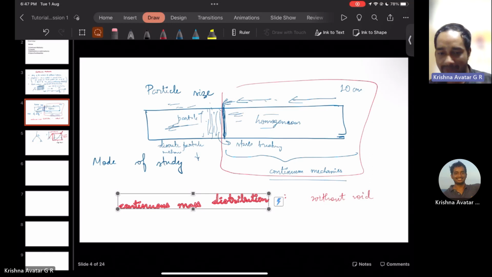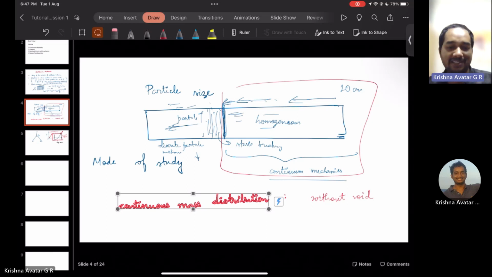to various mathematical treatments, because mathematics is very much developed for a continuous system. We are able to have a field, in the sense that we have a distribution of some quantity at every point in that particular object.